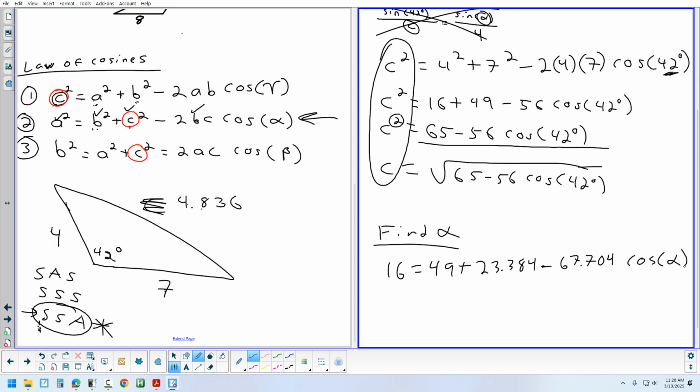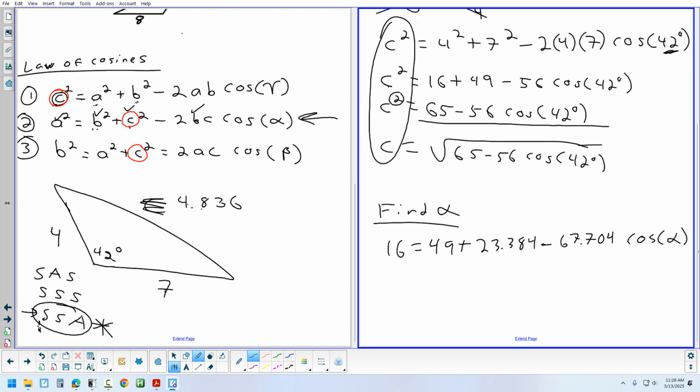Now, this time, the variable is surrounded by everything. So eventually we have to get that by itself. That's the opposite of what happened up here. The variable was pretty much alone the whole time. Now it's not, so we're going to have to fix all this stuff and put it on the other side. First we got a few like terms. What can I combine for like terms on the right?